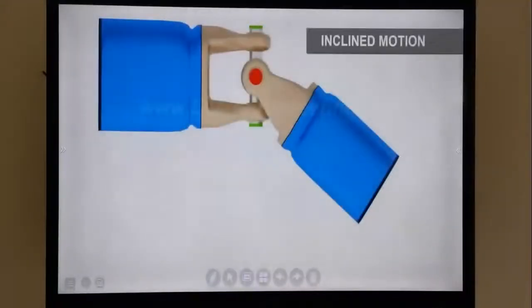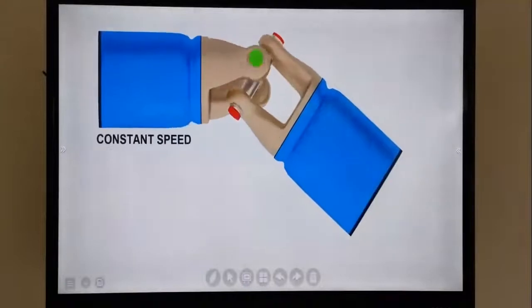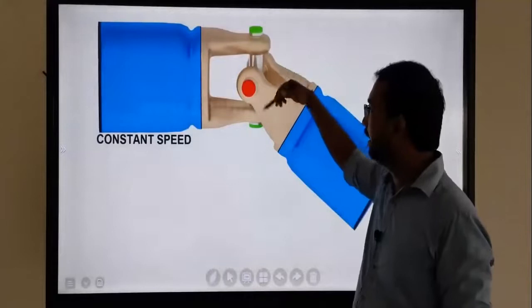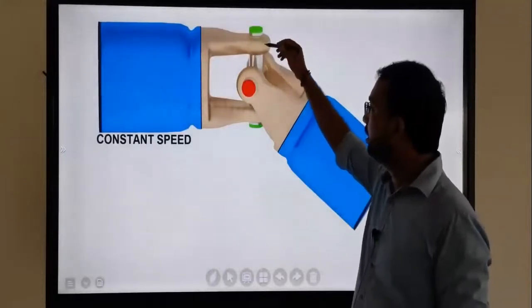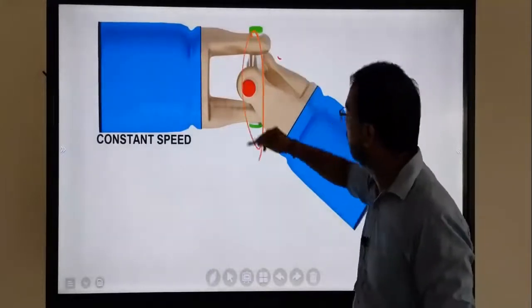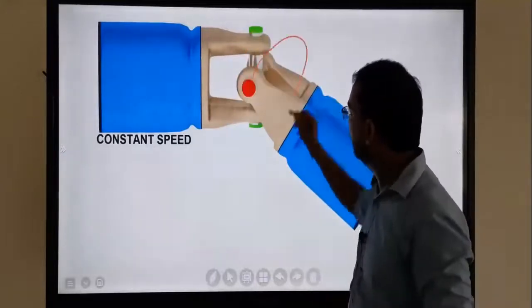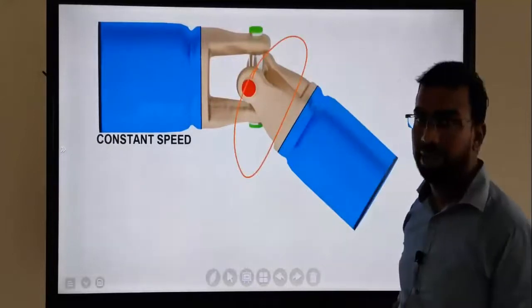But in the inclined motion, you can see, especially on this input shaft, this green rotates like this, okay? But this red rotates in this plane.